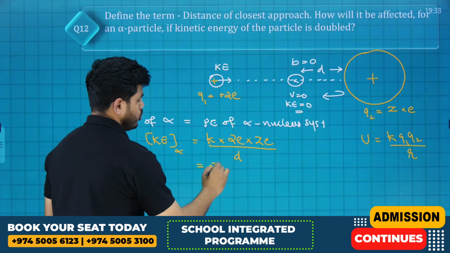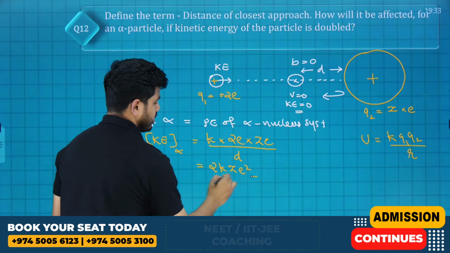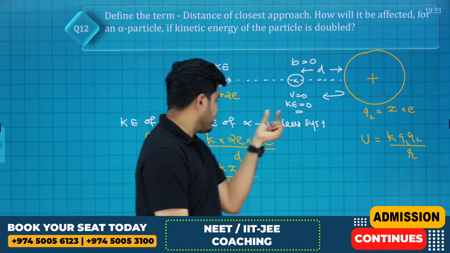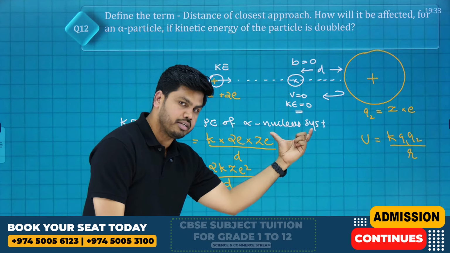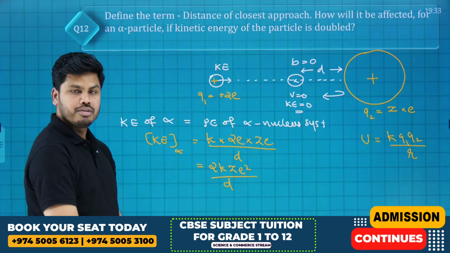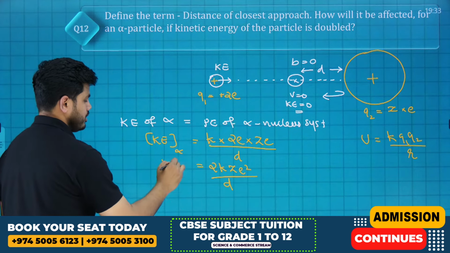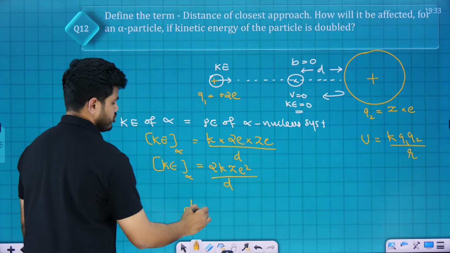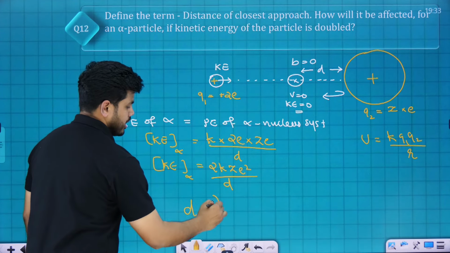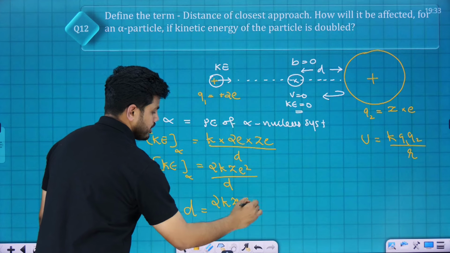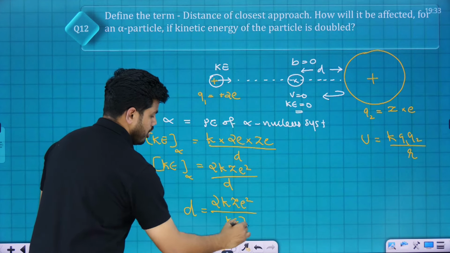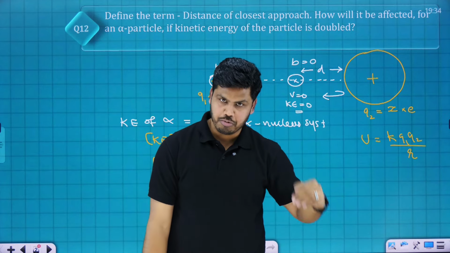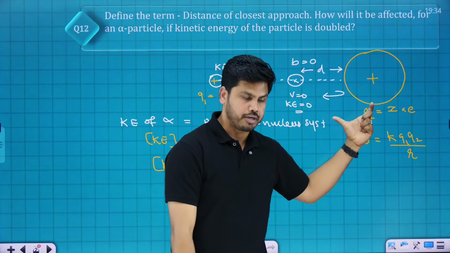So we got 2kZe square divided by d, where d is the distance of closest approach. At that d only can we equate kinetic energy of alpha and potential energy of the alpha particle and nucleus system. From this we find the distance of closest approach d as 2kZe square divided by the kinetic energy of the alpha particle. So this was the answer for the first part.